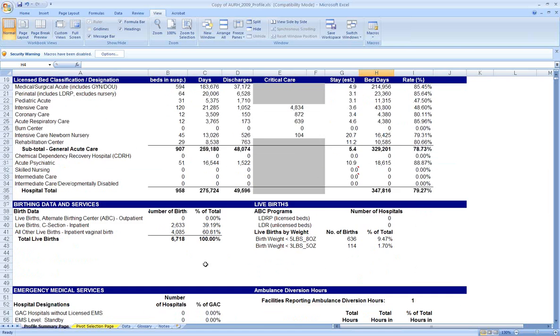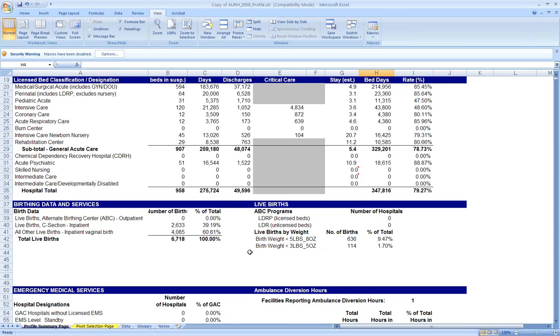Scrolling down a bit, you're able to see information here about births, about the number of births at the hospital, 6,718, and the number that were C-section, the number that were vaginal births, and the number that were in an alternate birthing center. It does the calculations for you. And again, I'll show you how to compare that to other facilities.